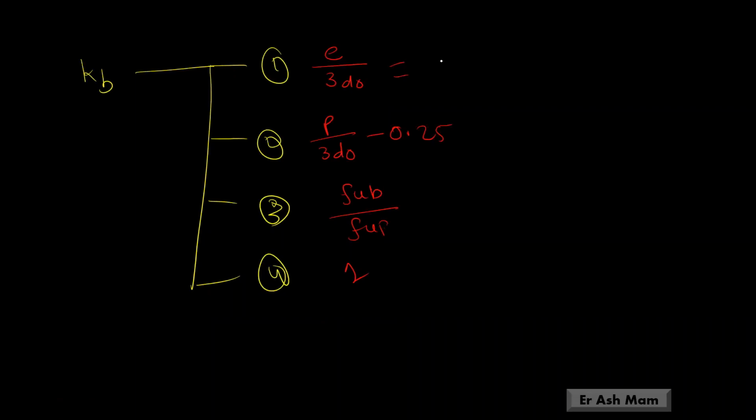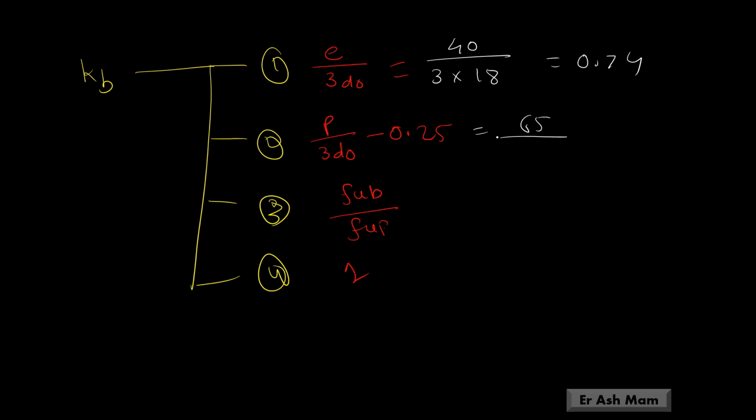Where e is 40 upon 3 times diameter of hole 18, which is equal to 0.74. p is pitch 65, you can assume 60 also, or end distance you can assume 35. It's a design question, so values can vary from student to student.